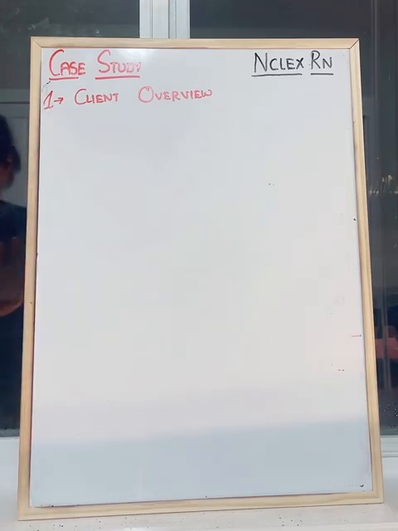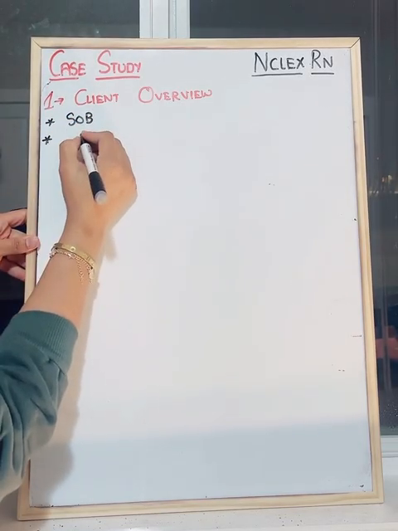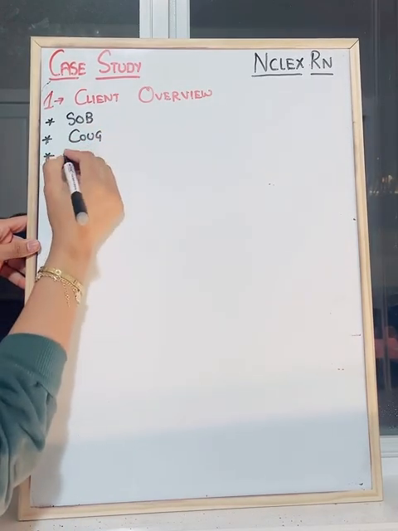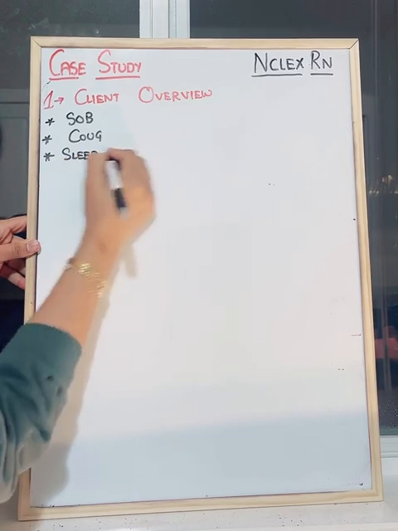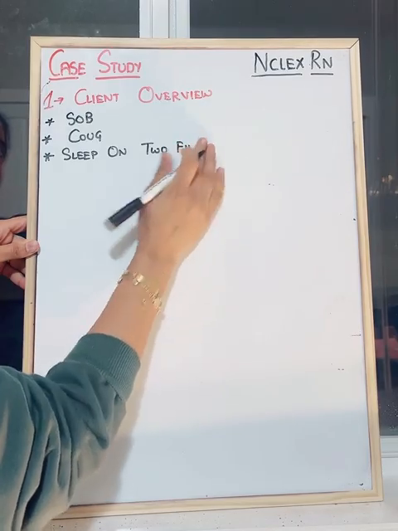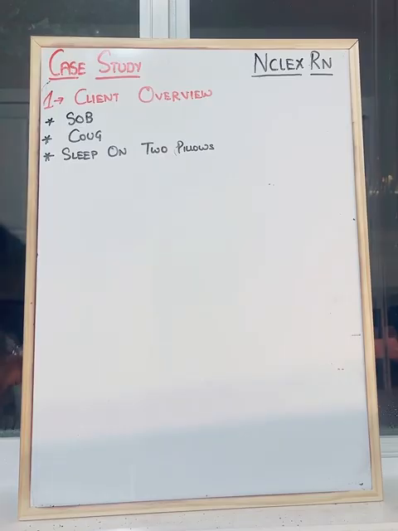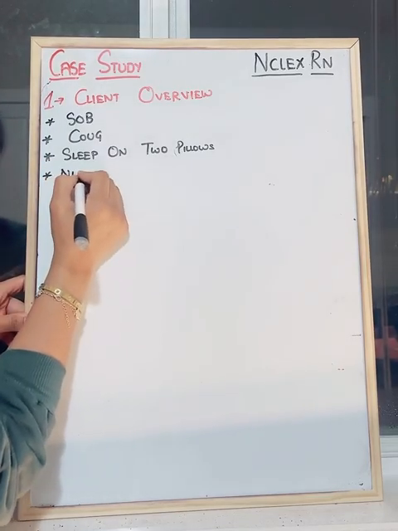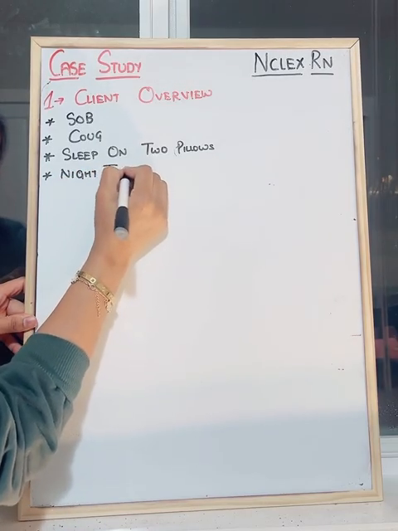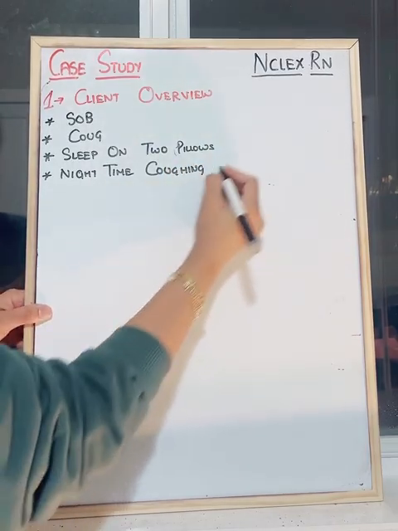So client overview here. Number 1, shortness of breath. Number 2, cough. Number 3, sleeps on 2 pillows. Number 4, nighttime coughing several times.